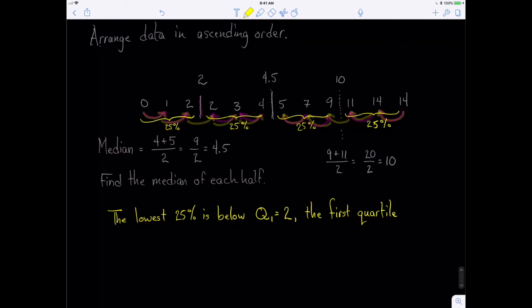Our next quartile is Q2, and we've already found that was 4.5. Notice that we also had a name for Q2: the median. You're going to hear median and Q2 used interchangeably. Q2 is the second quartile.